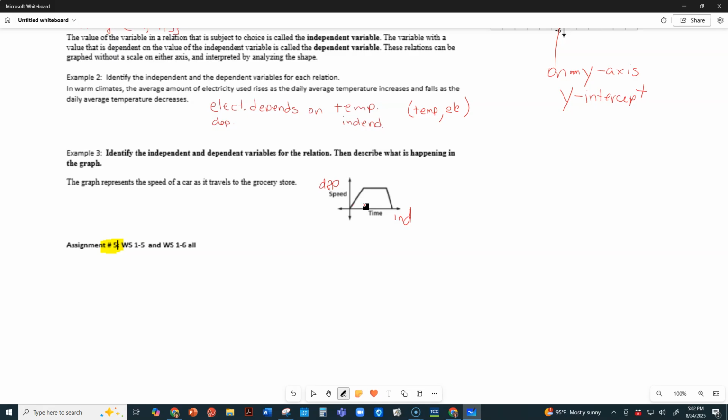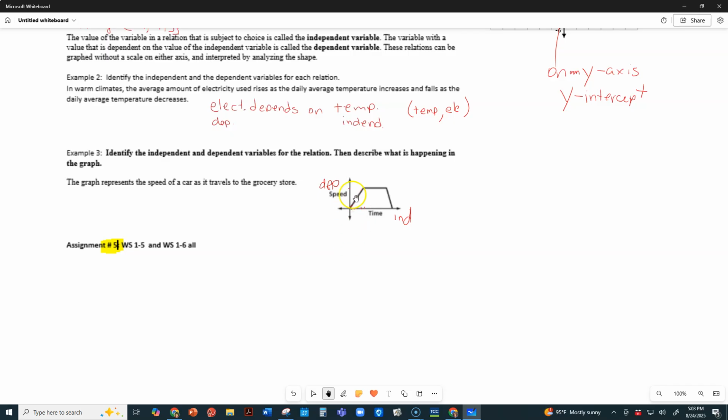As we move along this x-axis, that means time is increasing. So the amount of time that we have been driving is increasing. So as the time is increasing, my speed is going from 0 up to whatever the value is right here. My speed is increasing.